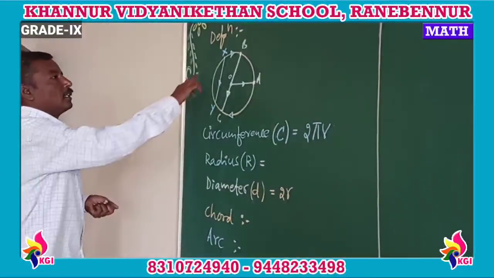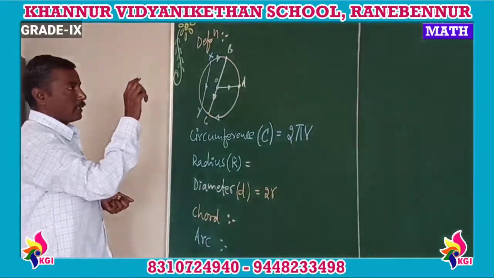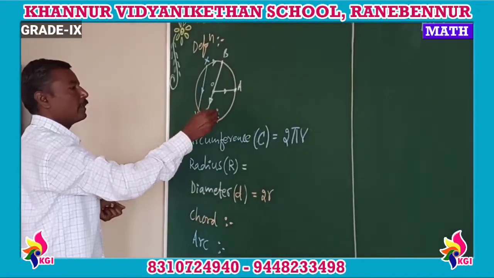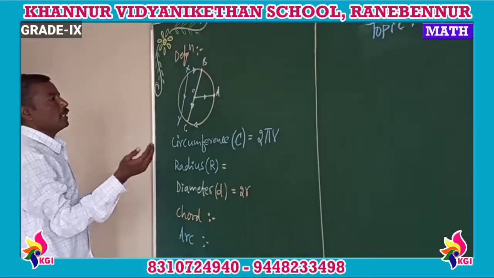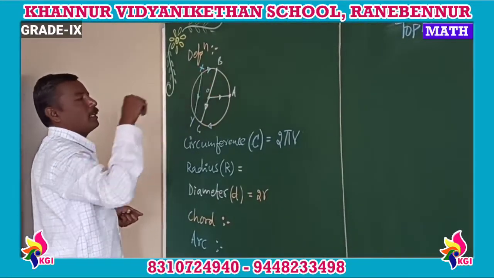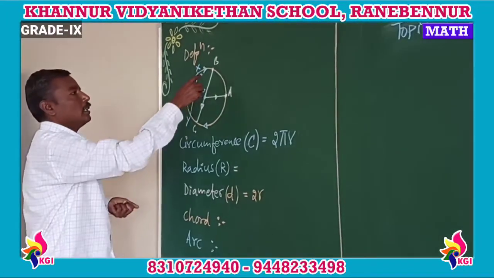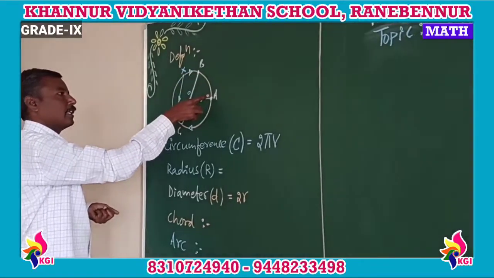The next concept is arc. Here in the circle, if you cut a little length of this curved path, it may be a small length or any length, whatever you want. That part is an arc. An arc is a part of the circle. Here AB is one part; if I consider this, it is an arc.